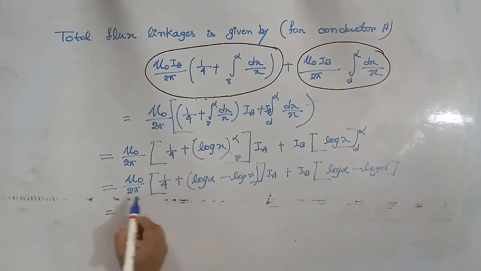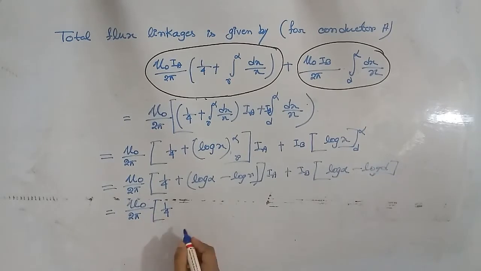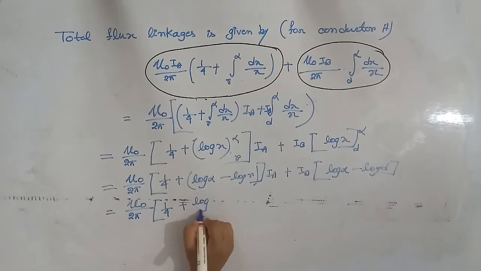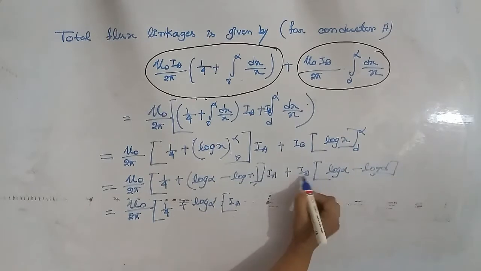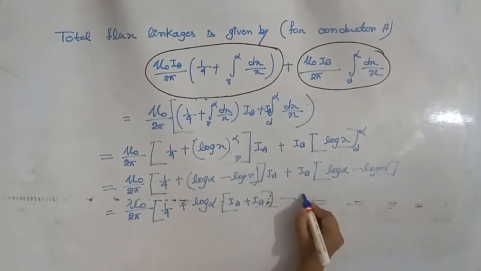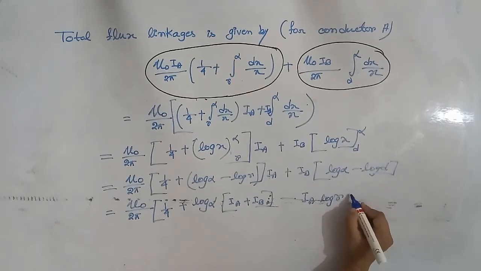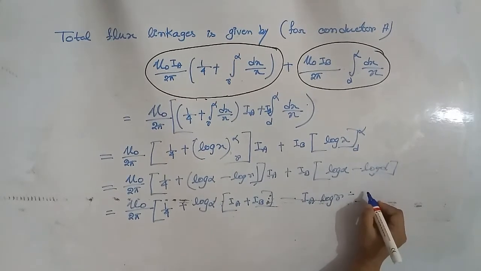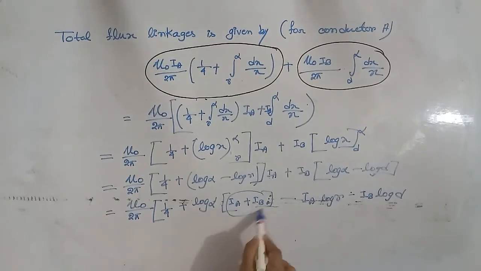Now if we take mu 0 by 2 pi, 1 by 4, and take log infinity common, then we get IA plus IB, minus IA log R, minus IB log D. So what is the value of IA plus IB?